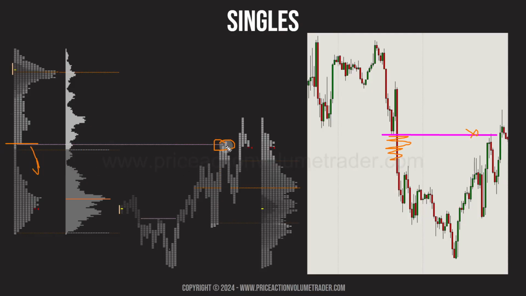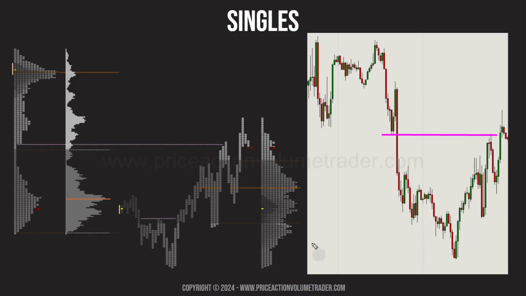And you can see how we came and hit it and actually had a pretty significant reaction off of it right here on this pullback. So if you're day trading, this could have been a very nice opportunity here to get short.